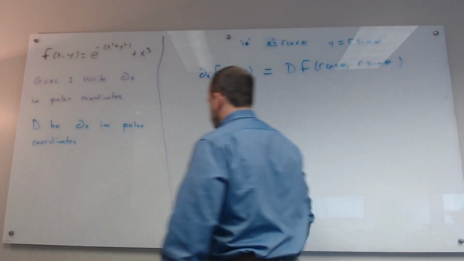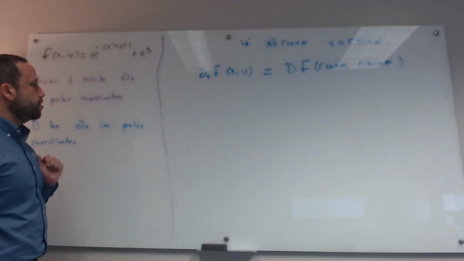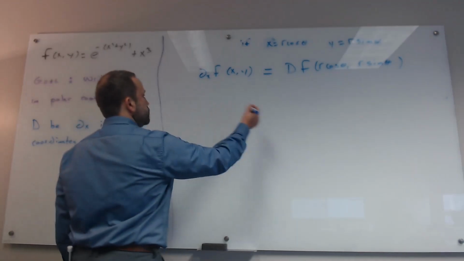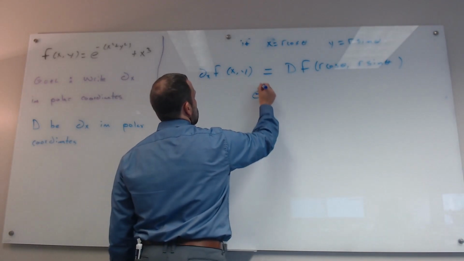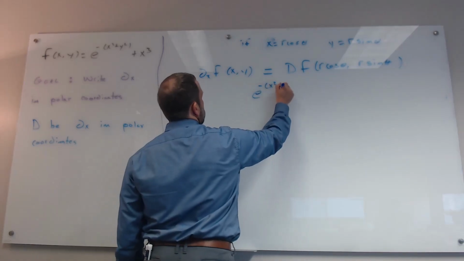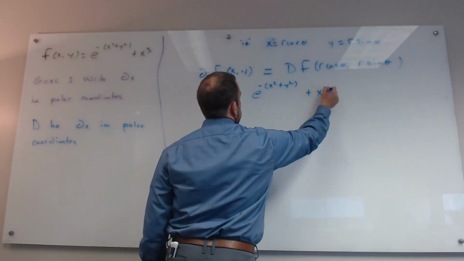So to use this as an example, maybe to be a little more clear, what I want to do is we start with the function e to the minus (x squared plus y squared) plus x cubed.